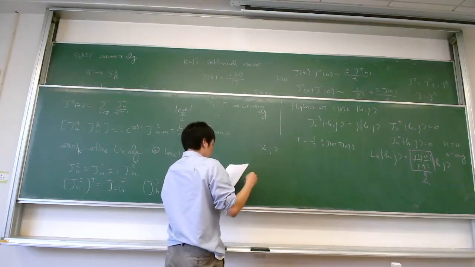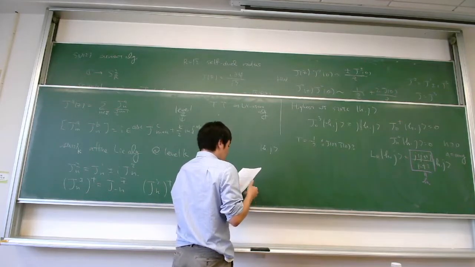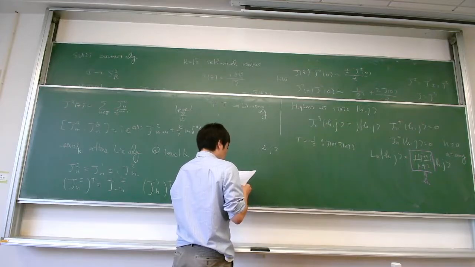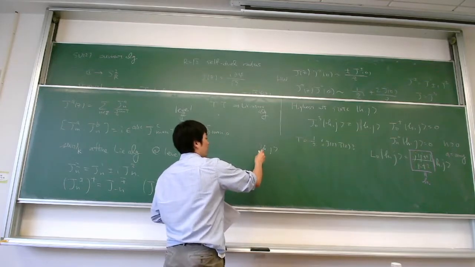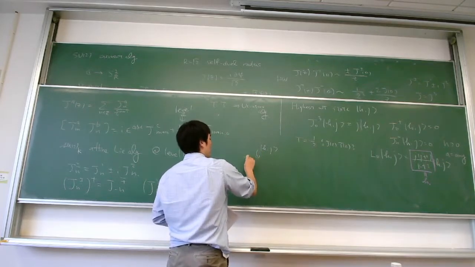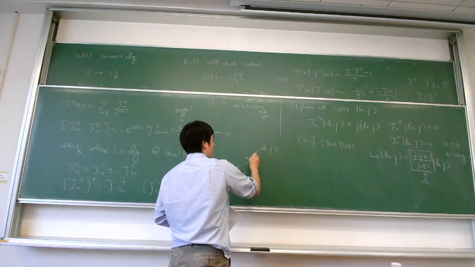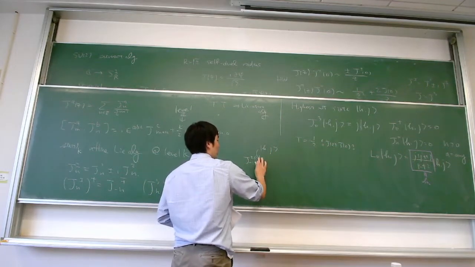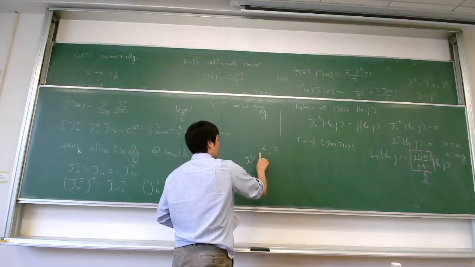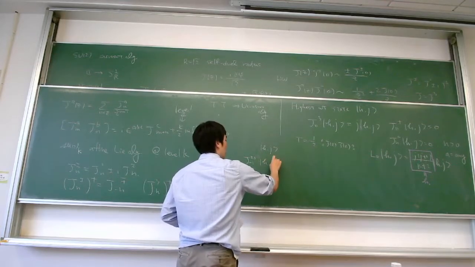For instance, you can act with J minus 1 plus-minus or 3, and J minus 2 plus-minus or 3 on h_j, and so on, to get other states.